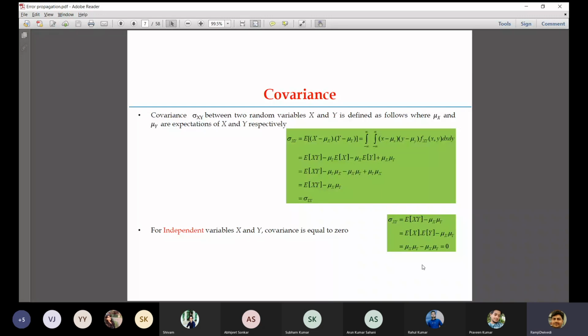But anyways, on the left hand side, we can open it up, just as we have done in the previous case. So sigma xy is written as expectation of xy minus mu x mu y, which is also used interchangeably as sigma yx.